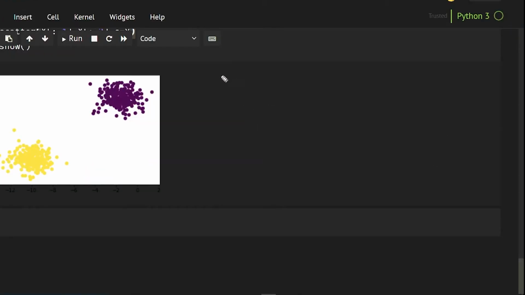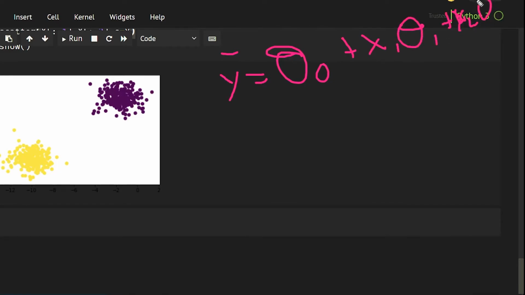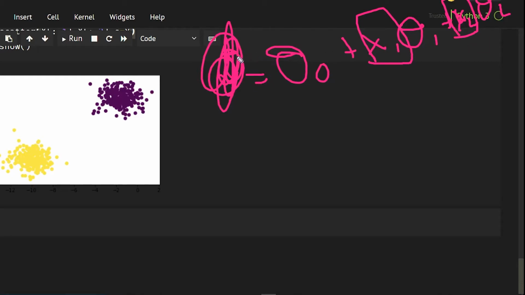Normally the formula we use is y hat equal to theta 0 plus x1 theta 1 plus x2 theta 2. Right now we are going to provide x1 and find x2. But as in this case we are not going to consider y, we are going to consider it as 0.